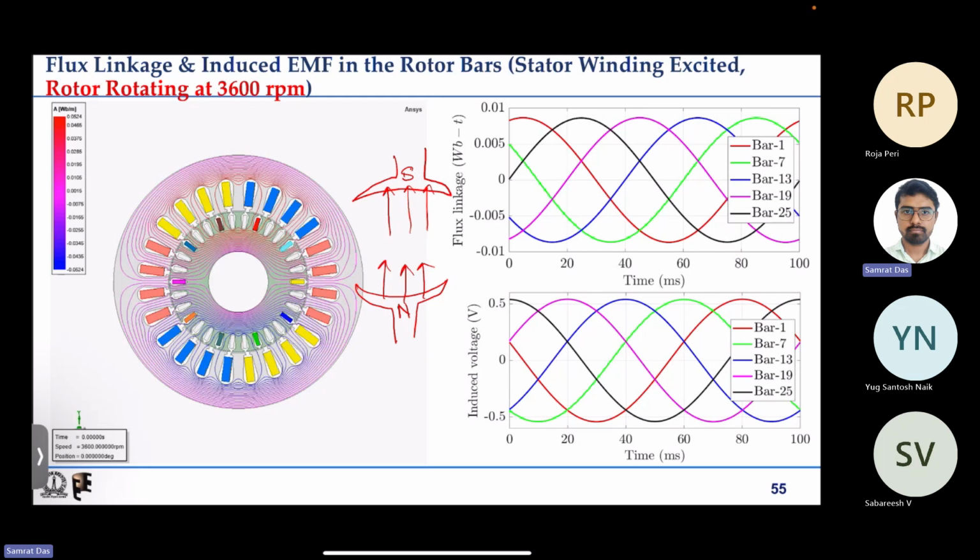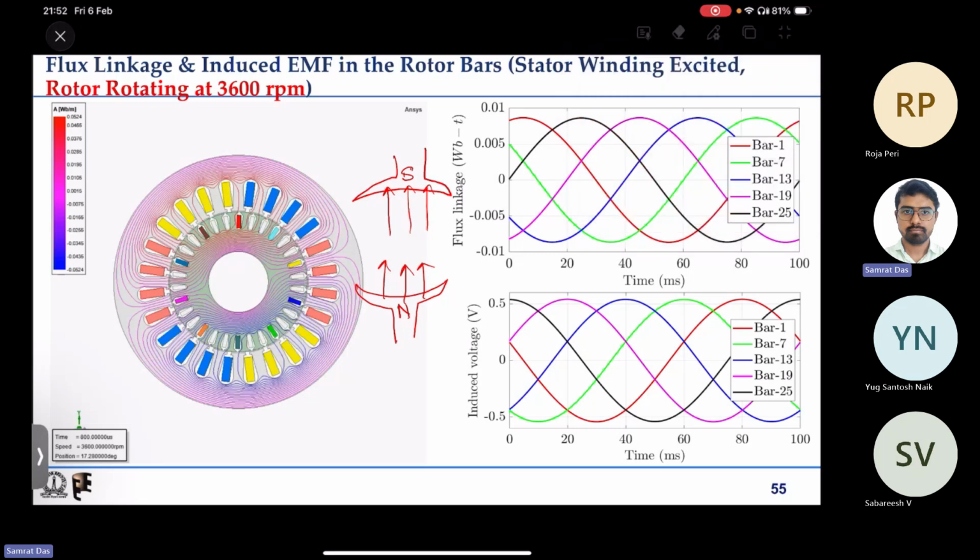If it is at time equal to 0, wherever the north and south poles are, at 180 degrees, omega t equal to 180 degrees, it will flip. It will become opposite, and it continuously rotates.